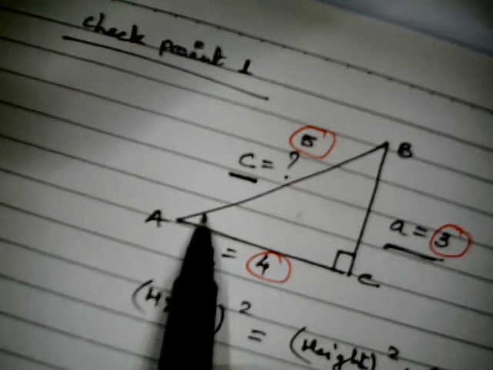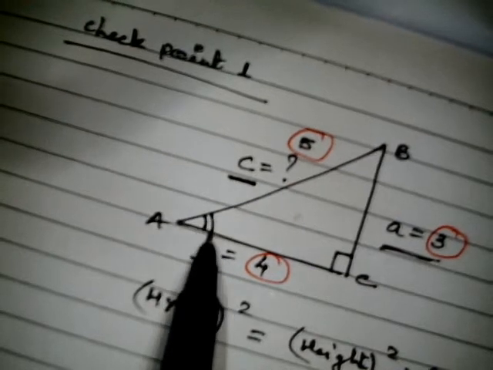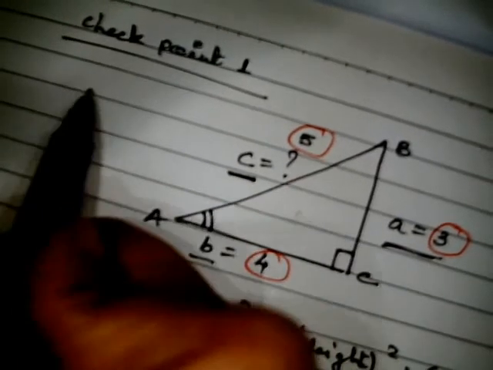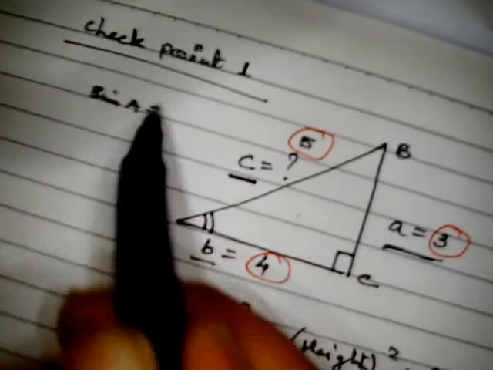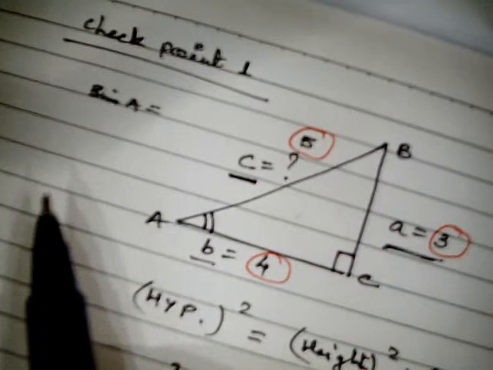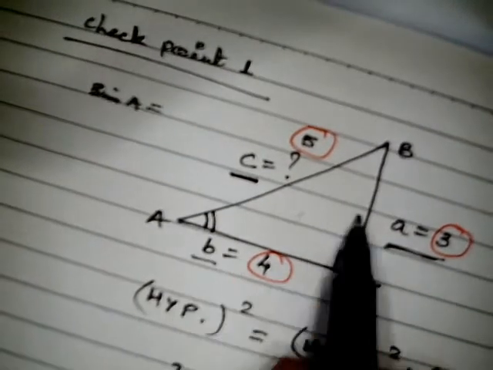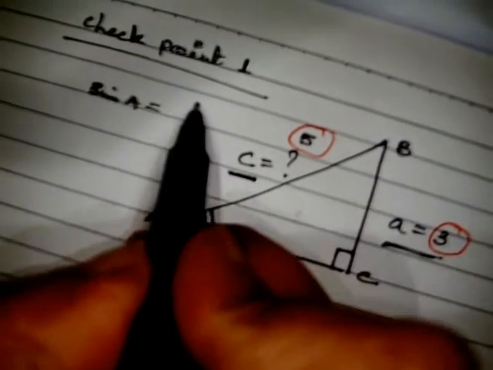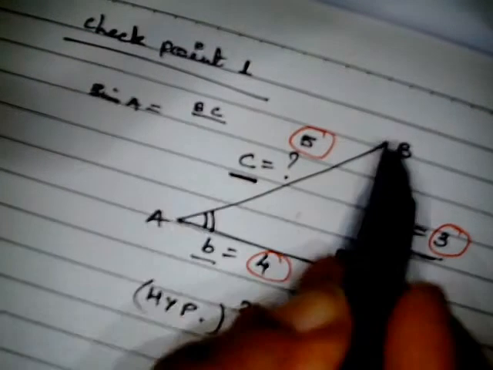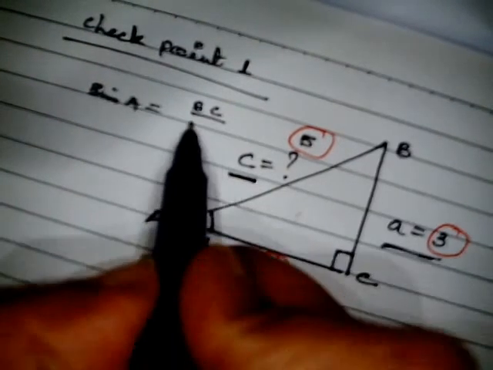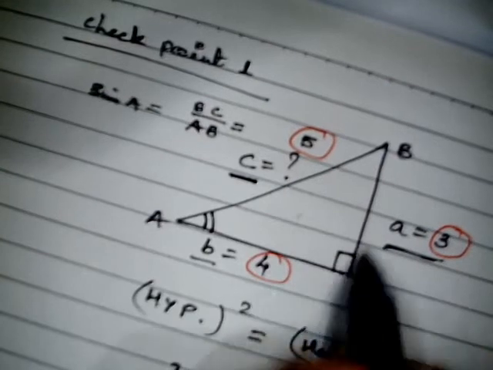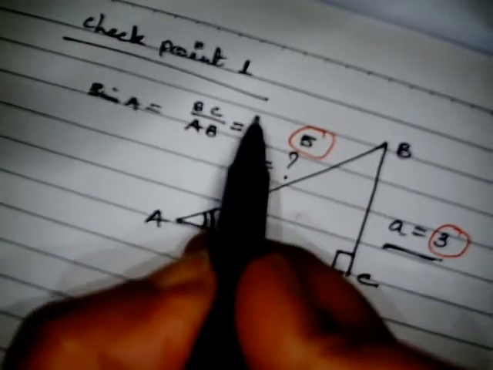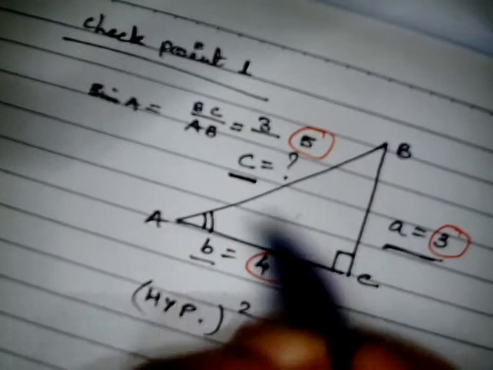Now I am going to write sine A. What is sine? Sine is opposite upon hypotenuse, so for angle A the opposite side is BC. So BC upon hypotenuse, so AB. BC is 3, and the hypotenuse we have calculated is 5, so 3 over 5.